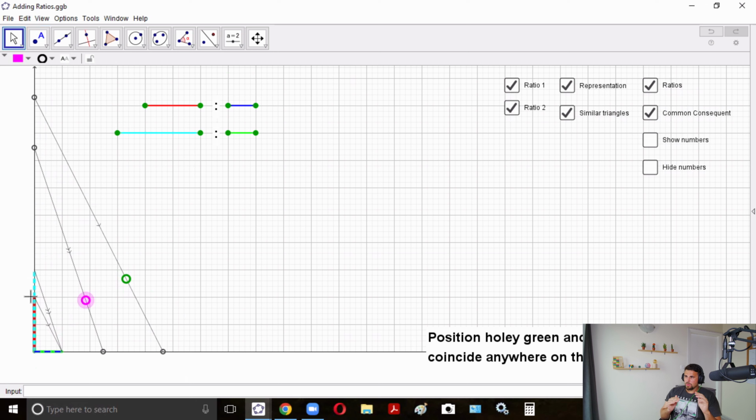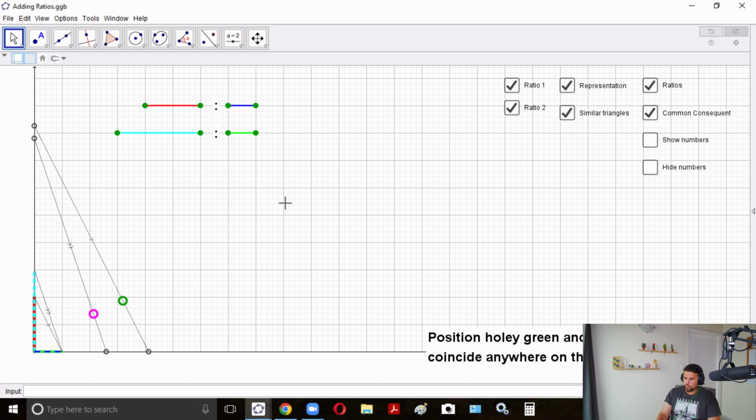So we use the magnitudes from the first ratio. Then we do the same thing for the second ratio. Afterwards, if we want to do operations between these two ratios, we can't just, as you said in the beginning, put one on top of the other arbitrarily, unless they have a common measure.